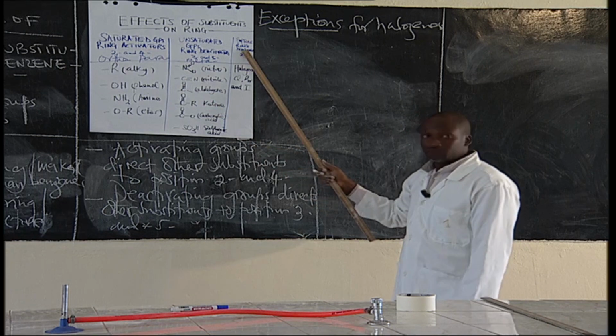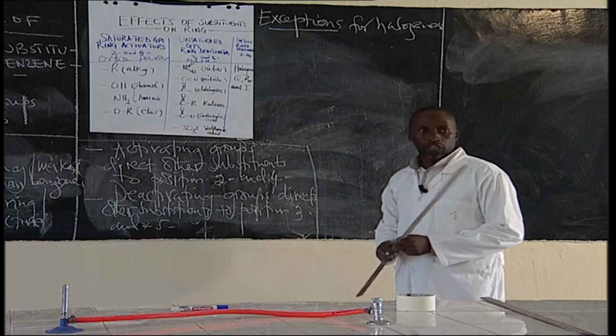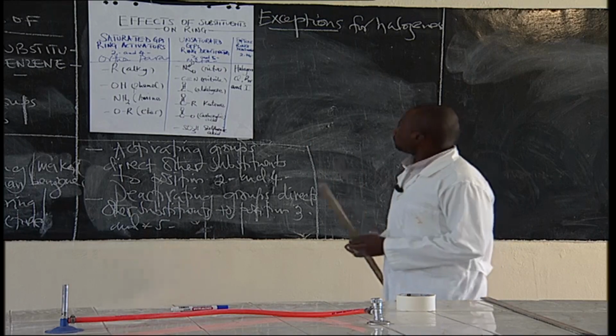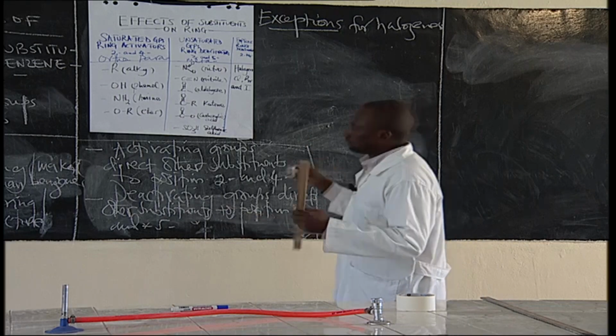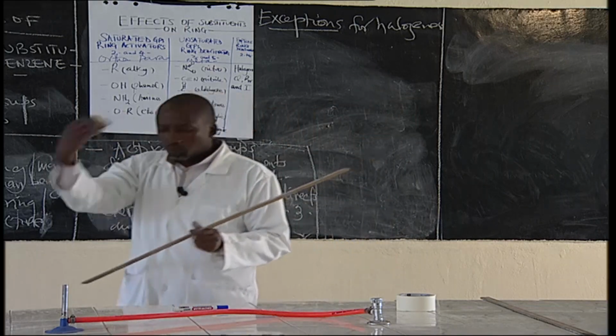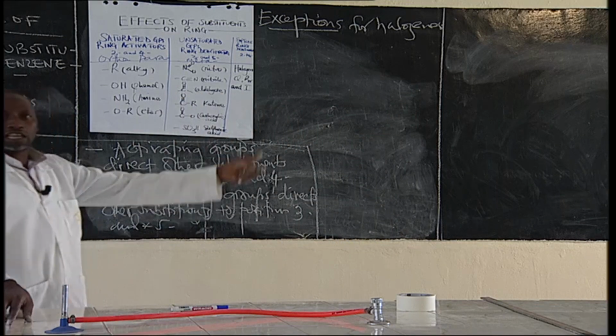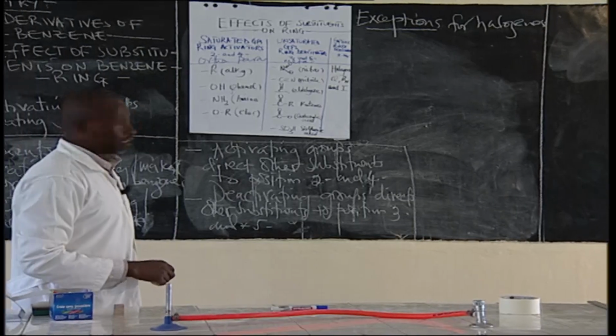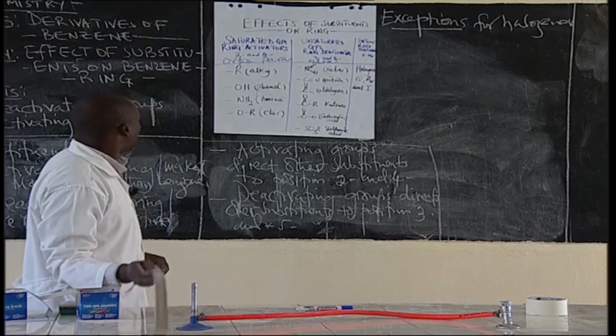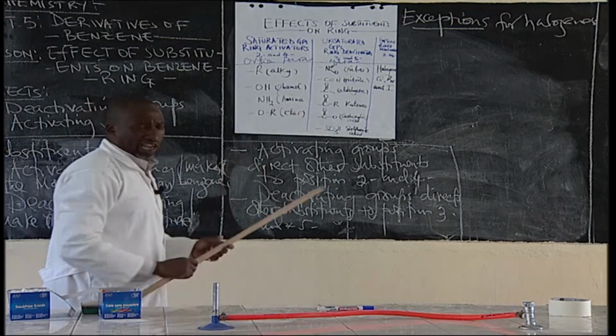So they deactivate the ring, make it less reactive. So what do we mean when we say that the ring is made more reactive or the ring is activated? This is what we are saying. For example, I will take an example of an amine group.